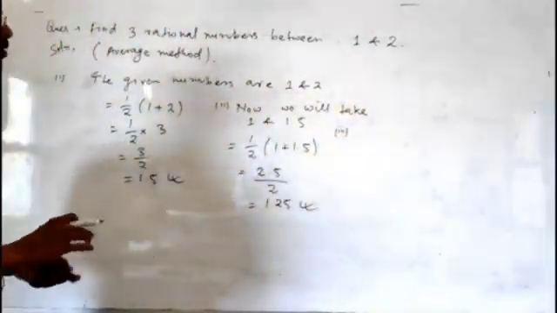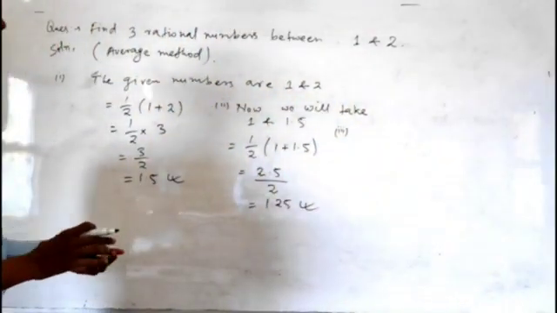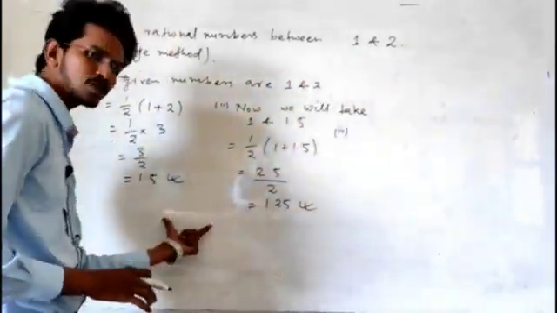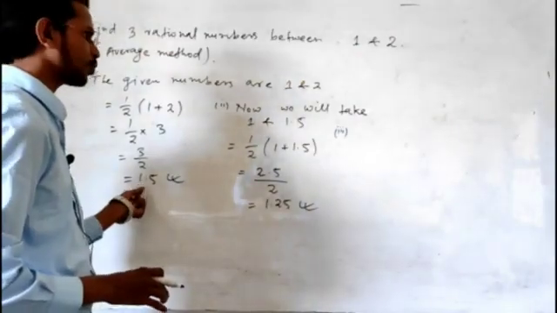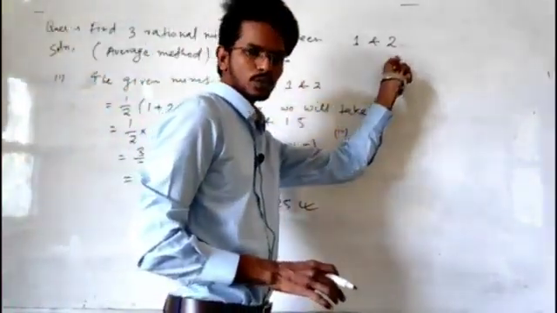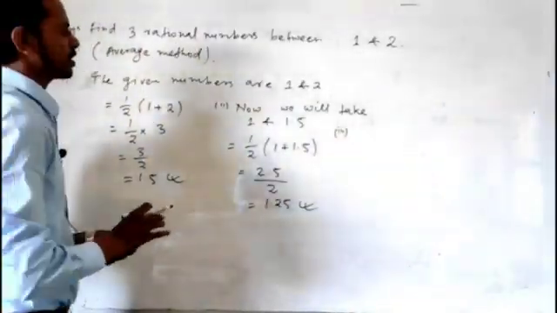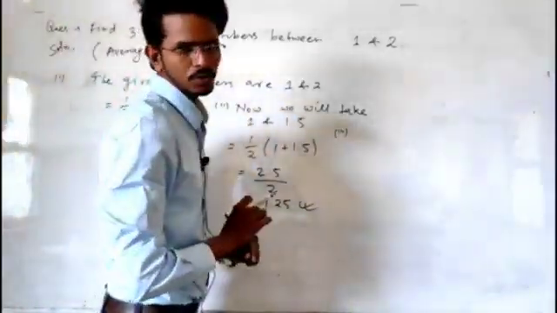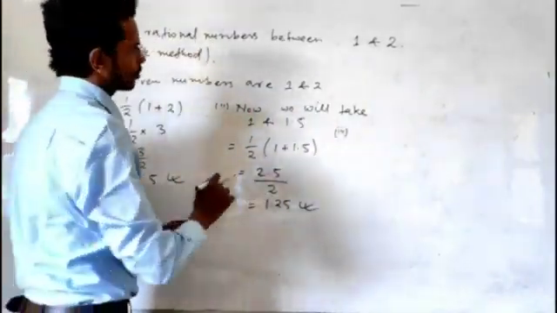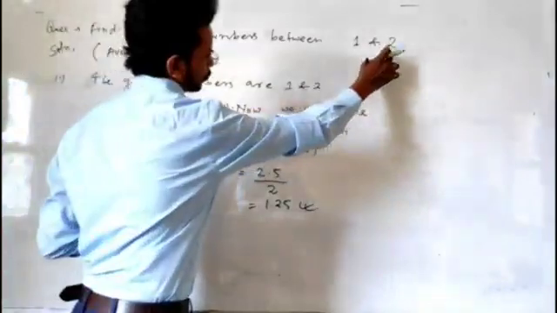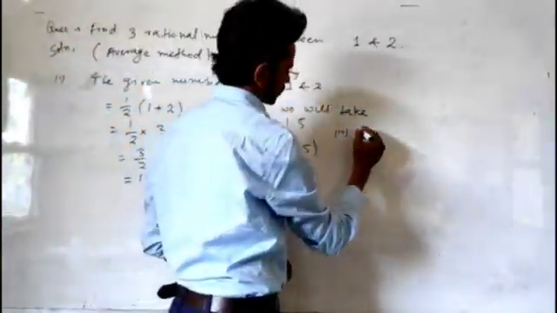Now which numbers will we take? Either you can take 1 with this number, or you can take these two numbers, or you can also take 1.5 with 2. You have many options right now. In finding the second rational number, we took 1 and 1.5. Now we'll take 1.5 and 2.